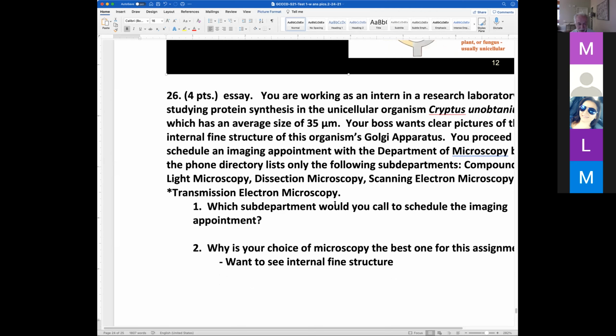The question is, what subdepartment would you call to schedule the imaging appointment? Based on the information here, the boss wants clear pictures of the internal fine structure. So what department would be called for internal fine structure?